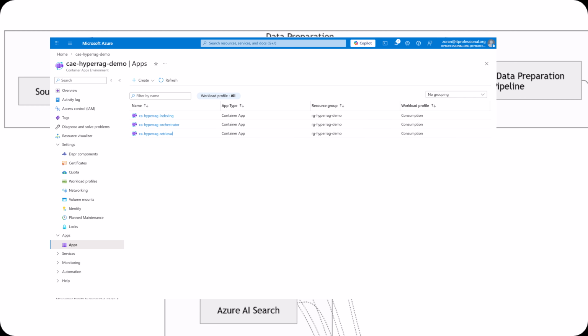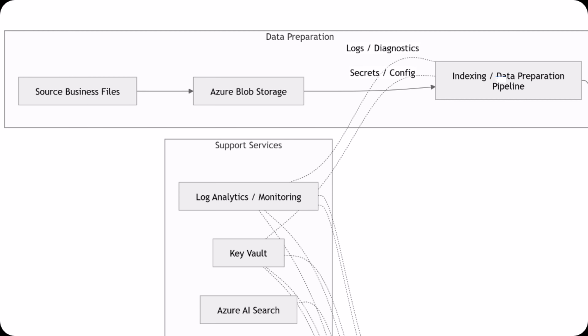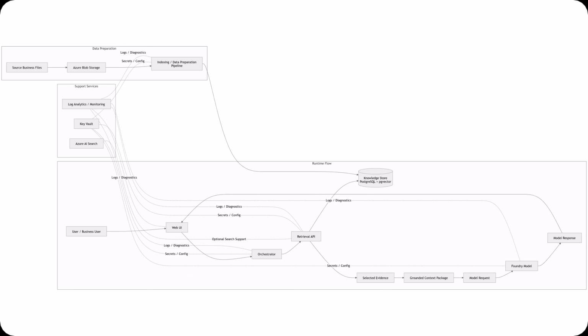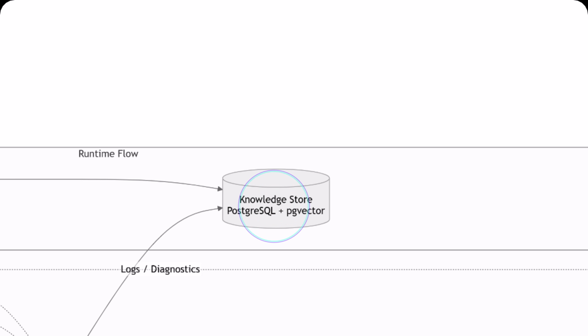Because of that structure, the system does not search blindly. It moves step by step, from business entity to related documents, and then to the specific evidence that matters for the question. The prepared result is written into PostgreSQL with pgvector, where metadata, hierarchy, embeddings, and retrieval data are stored for later use.